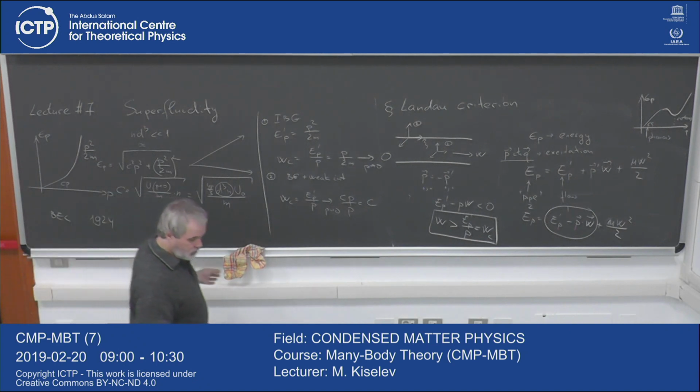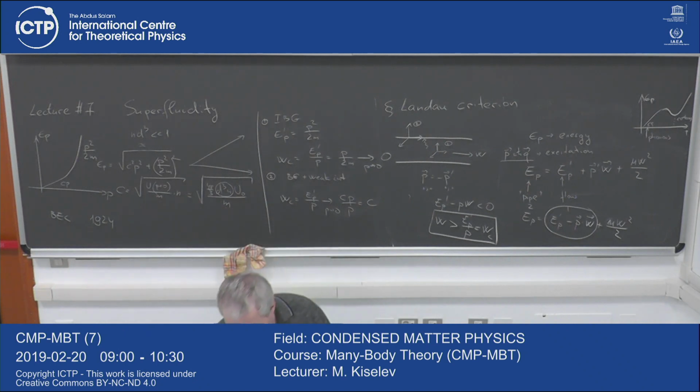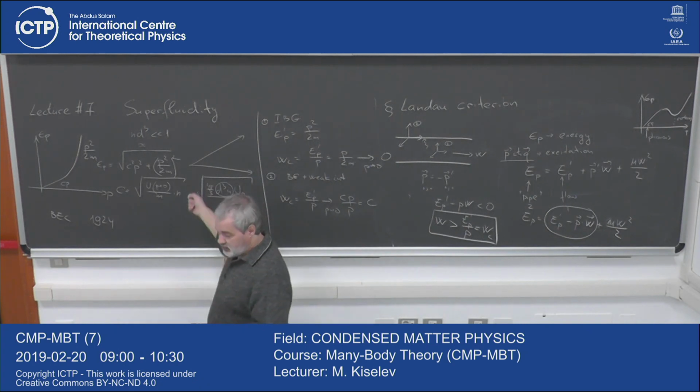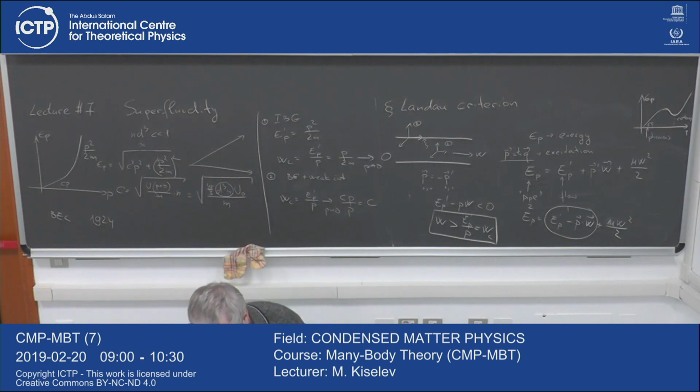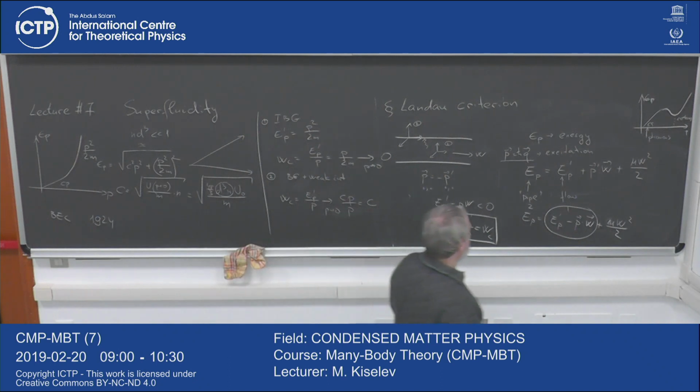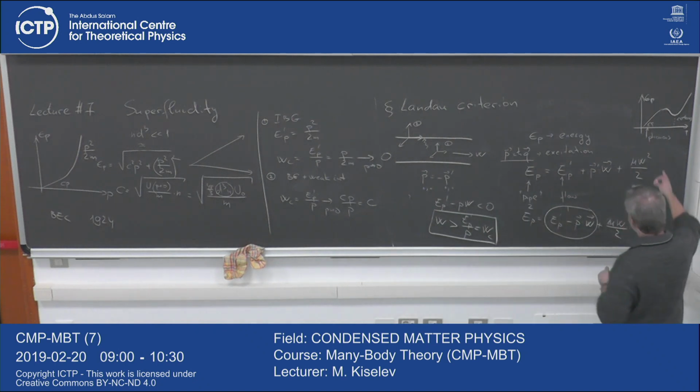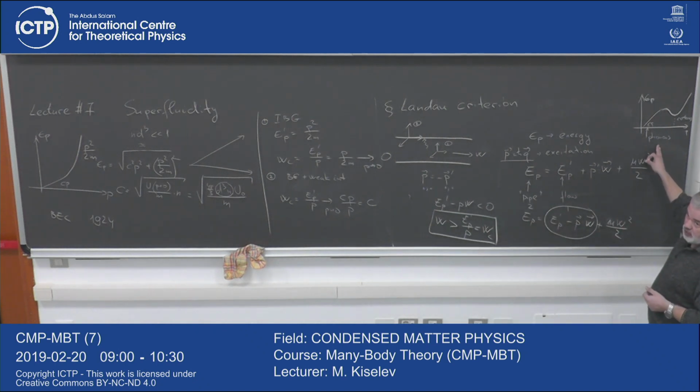So the conclusion is that in order to have superfluidity, one needs to have an interacting system which guarantees you the sound-like excitations in it. So if we go back to the phenomenological spectrum, the Landau spectrum, we need to be a little bit more sophisticated.